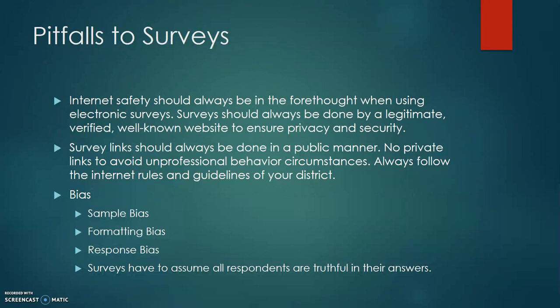Response bias is a form of bias where the person answering the questions answers in a way that they think the surveyor wants them to answer, not what the actual truth is. Surveys also have to assume all respondents are truthful in their answers. So these are just some things that you have to take into account if you are going to do a more formal survey.